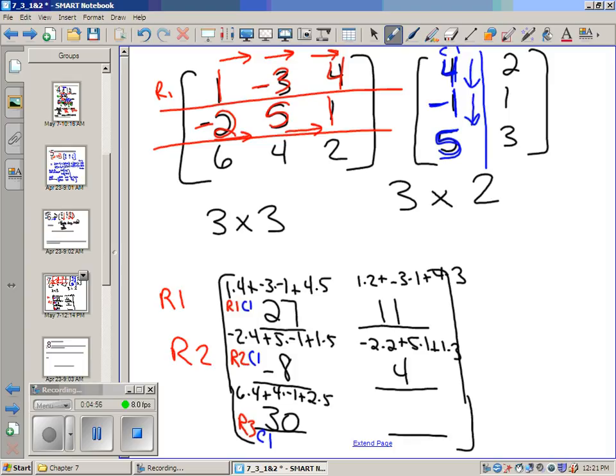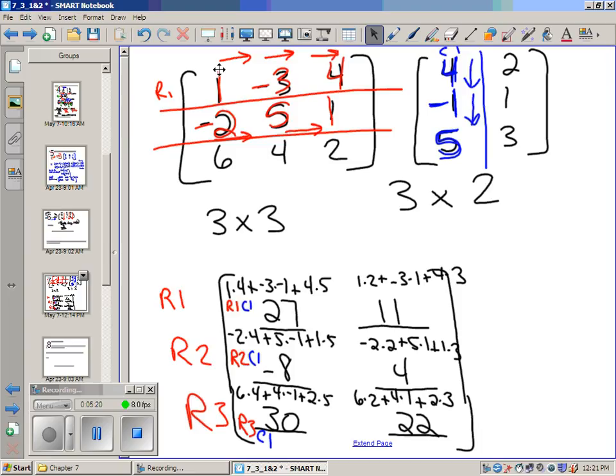And then finally we have third row, second column. Good. And that would be 12 plus 4 is 16, plus 6 is 22. And there's my resulting matrix.